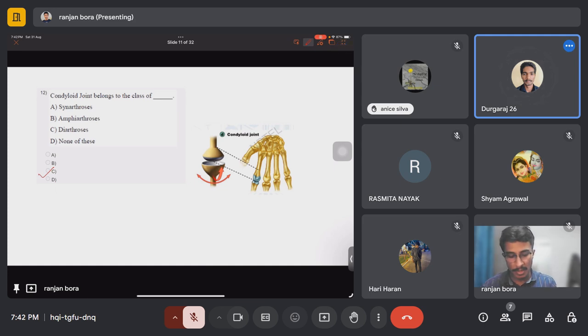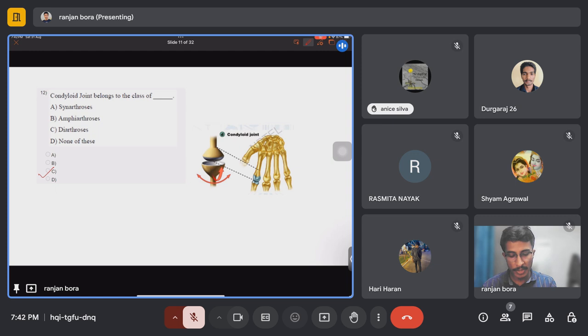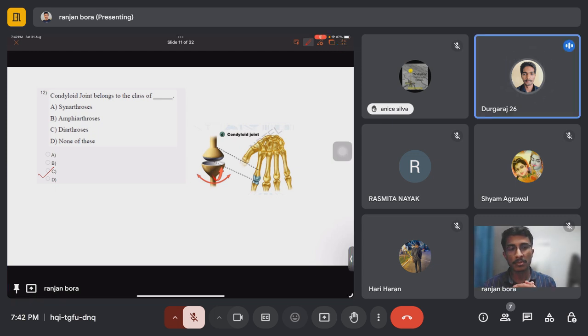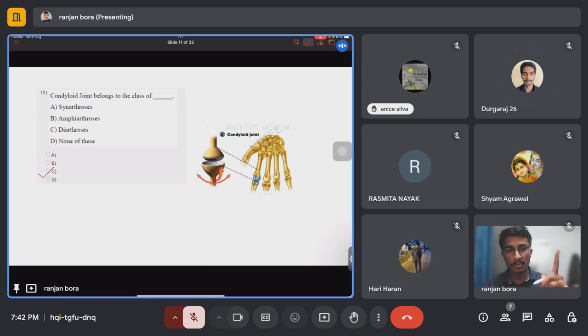You can see in our fingers we have this joint, and we can freely rotate our finger like this, or do these motions, because of this joint.